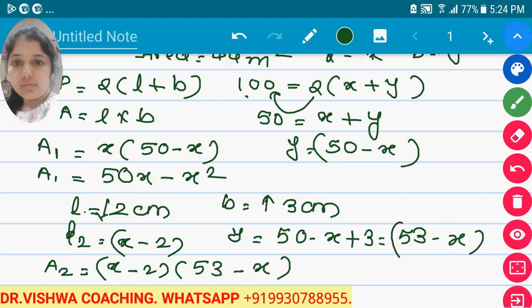So area 2 will be, multiply with this x, then this 2: 53x minus x square minus 106 plus 2x. Okay, up to this, you understood?